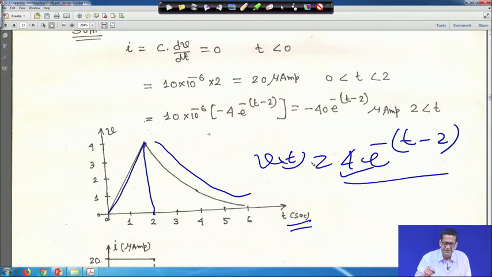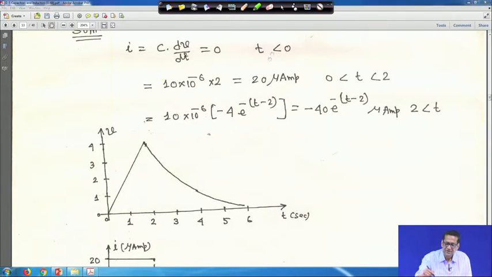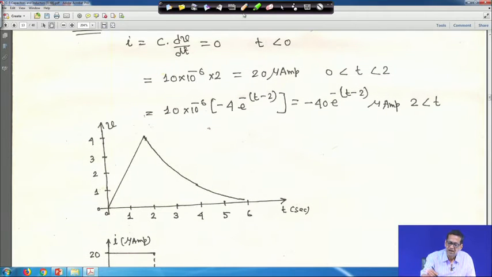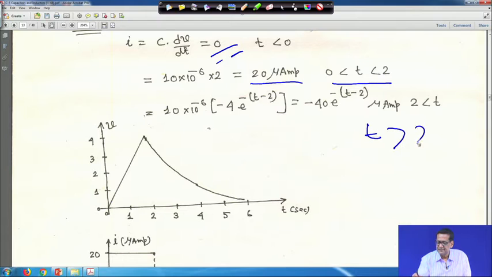So this is V(t), and similarly if you plot I(t): for t less than 0 it is 0, for between 0 and 2 it is 20 microampere, and for t greater than 2 it is minus 40 e to the power minus (t minus 2).